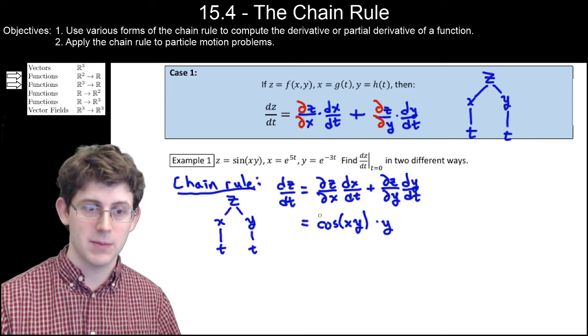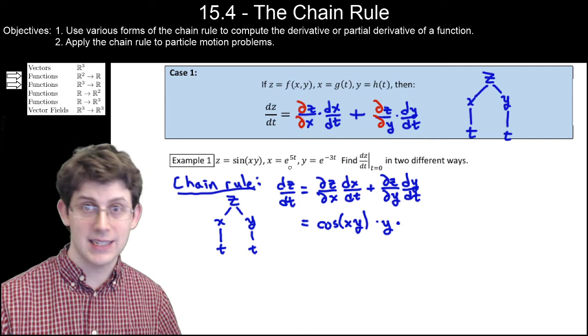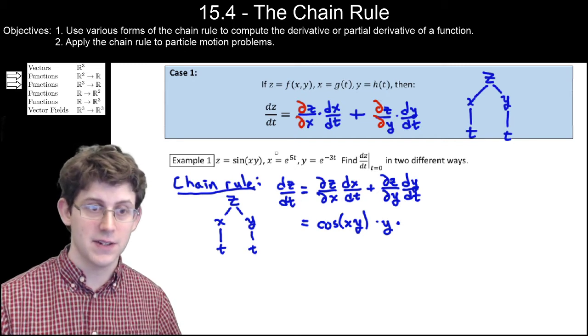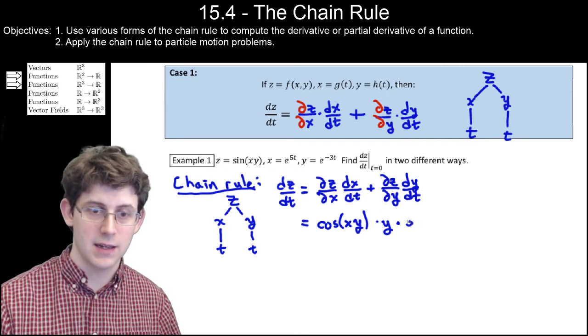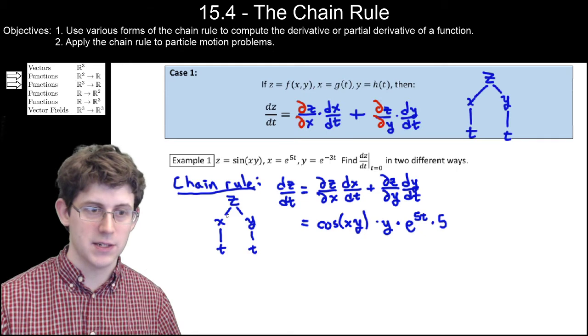So this is partial z partial x. Then I have to find dx dt, but I have this equation that tells me what x is in terms of t, so I'll take the derivative of x with respect to t. This is the first path. This is partial z partial x times dx dt.